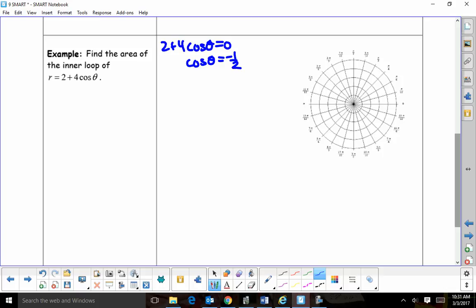You should get 2 of them, and we should know that because we have an inner loop, so that's going to give us 2. Just like we knew we had 3 petals, so we're going to be finding 3.